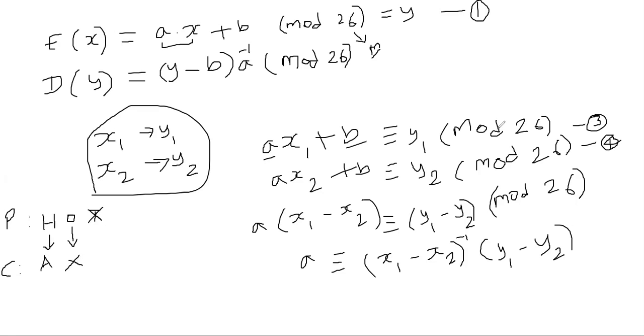So my equations are as follows. Let me clear this whole system and rewrite it. My plain text is HO, so H is my first character, O is the second character, and my ciphertext is AX. Meaning we apply the affine transformation on this input and we got this output. Now the question is, can we learn a and b?